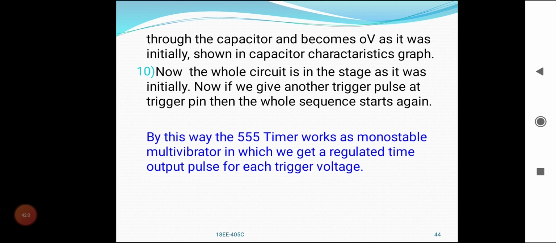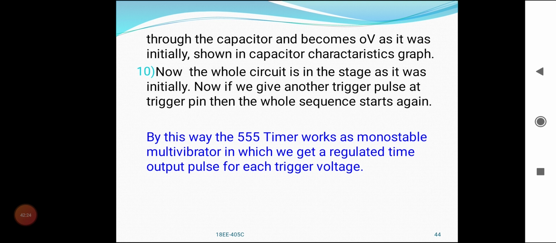Now the whole circuit is in the state as it was initially. Now if we give another trigger pulse at the trigger pin, then the whole sequence starts again.